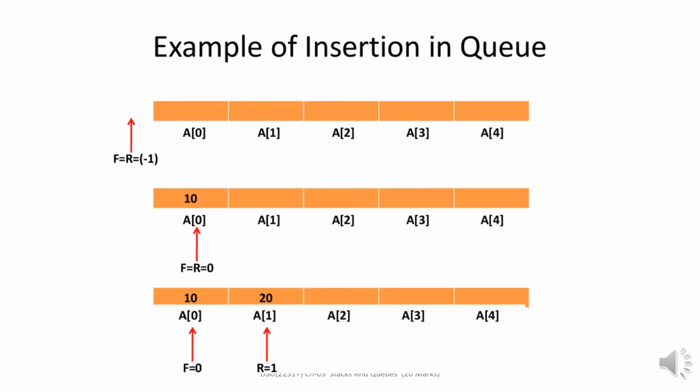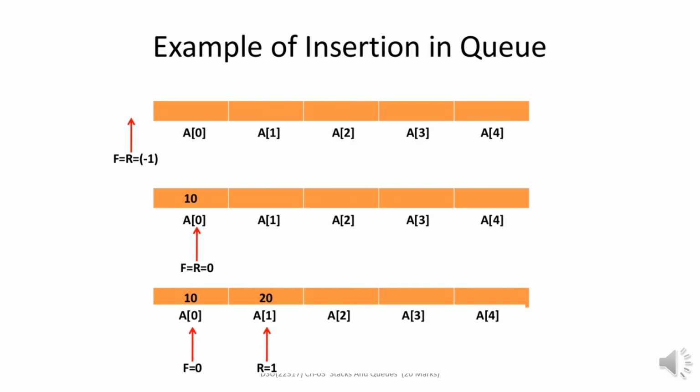This is the example of insertion in a queue. Here front is equal to rear is equal to minus 1, so initially the queue is empty. Then after inserting the element 10, A of 0 is 10. In this, front is equal to rear is equal to minus 1, so rear is equal to rear plus 1, that is minus 1 plus 1 equals 0.